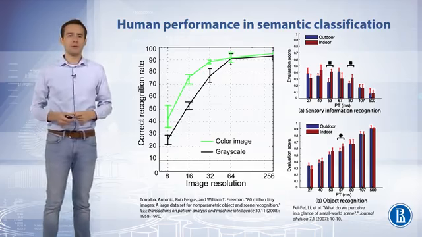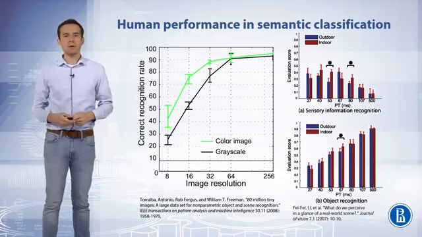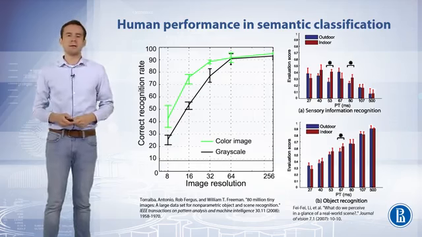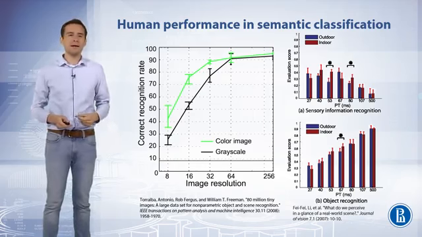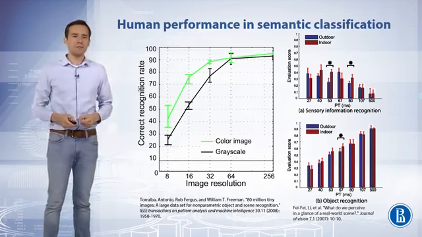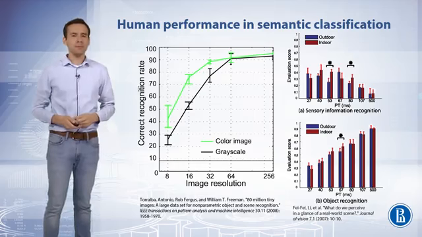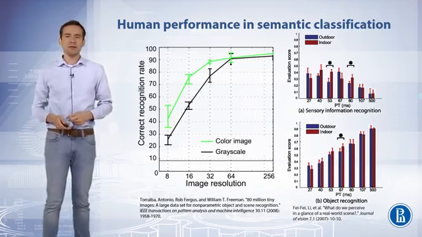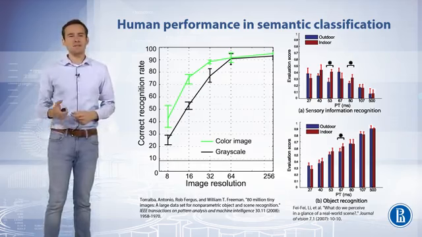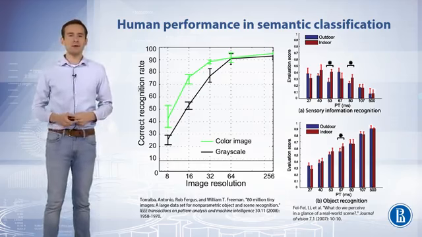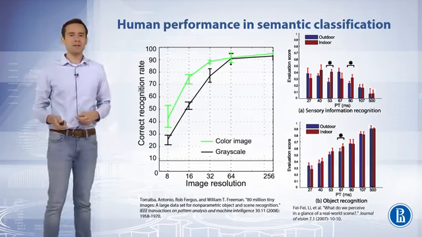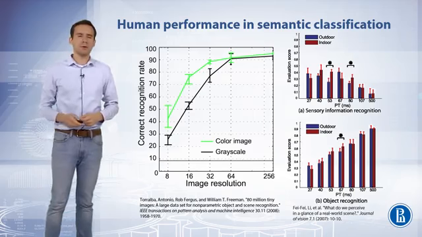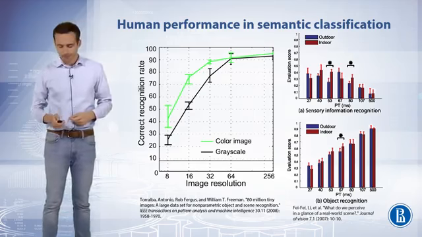For color 32 by 32 images, the performance only drops by 7% relative to full resolution, despite having 1/64 number of pixels. Multiple research shows humans need only as little as 50 milliseconds to recognize most of the scene, with average eye fixation time being on the order of 150 milliseconds.